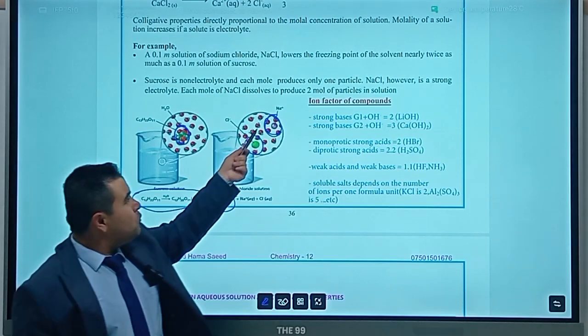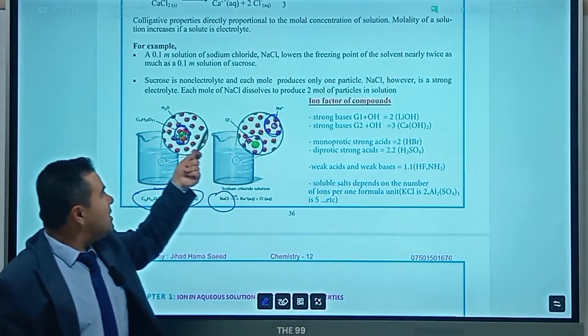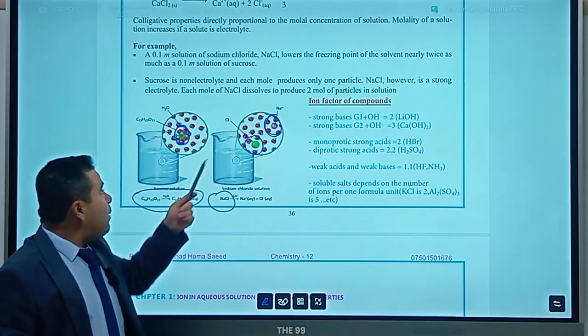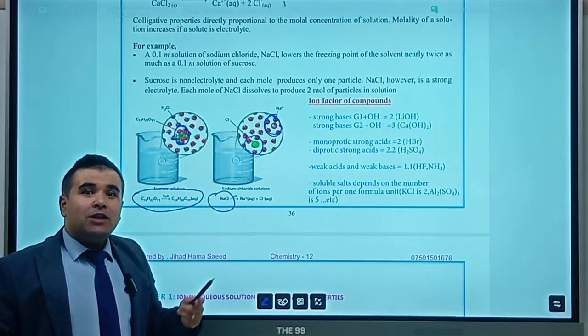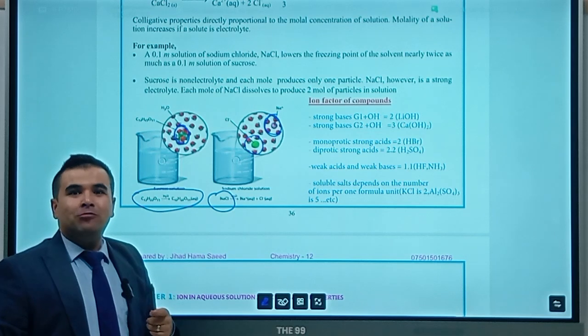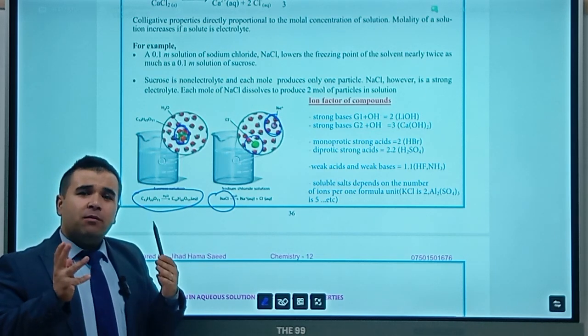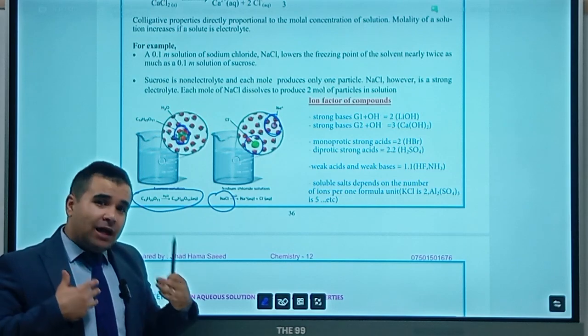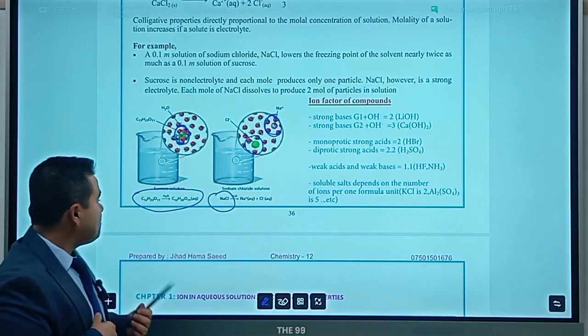So the effect of 2 particles is twice the effect of 1 particle. The 2 particles are going to attract the water molecules much more than the 1 particle. They are going to produce barriers in front of the water much more than the 1 particle.